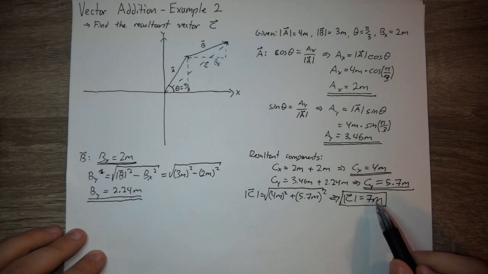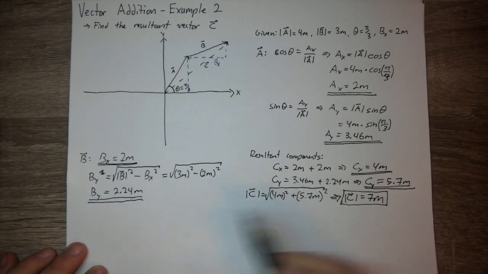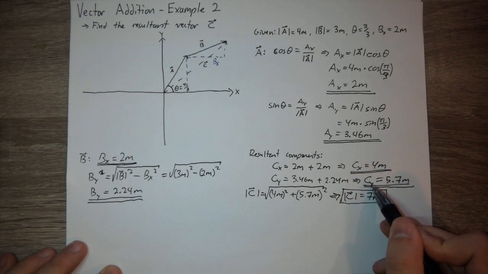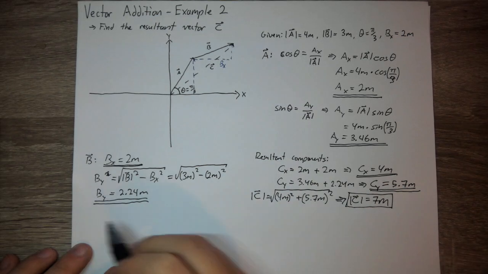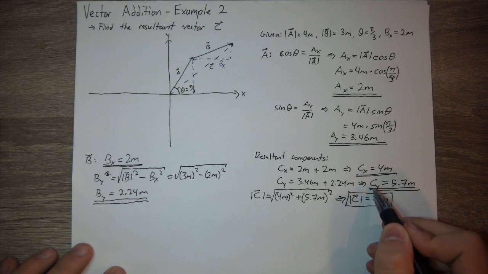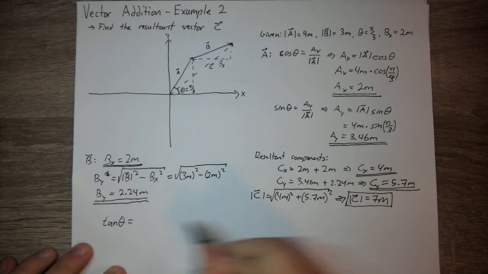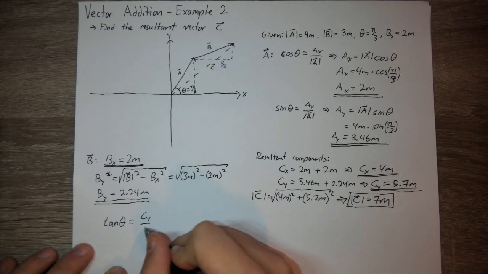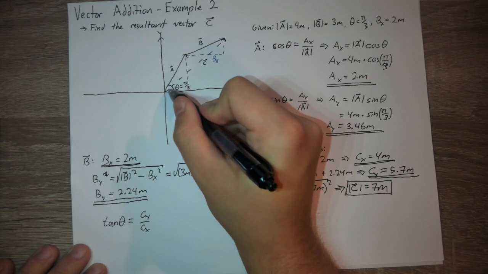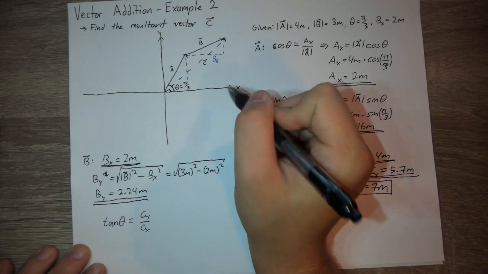Now, last thing to do is find the direction. So, we know our x component, we know our y component, and we know our magnitude, but we can use these components with our tangent function to solve for the angle. So Cy over Cx, where the angle we're solving for now is this one here, if you can see that, the one from the dotted line to the x-axis.